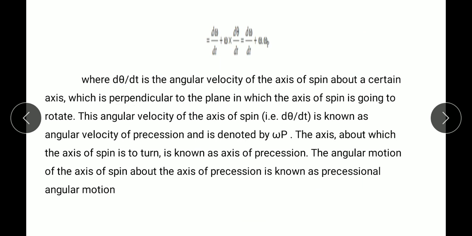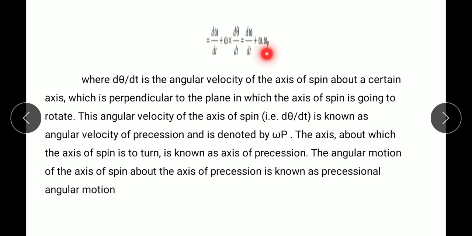We have already found alpha t and alpha c. So alpha equals d omega by dt plus alpha c, where alpha c equals omega times d theta by dt.